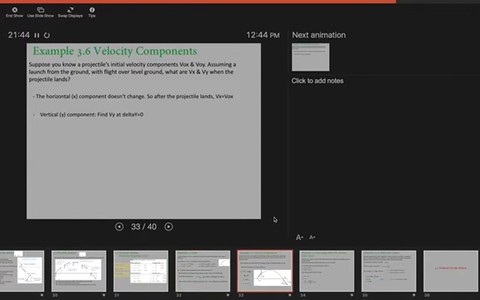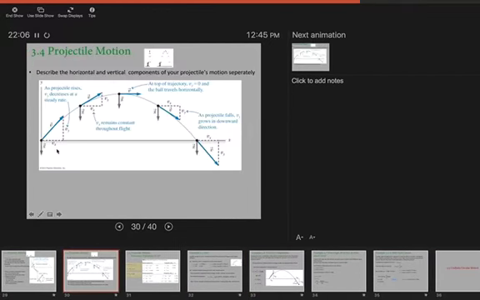So this example should hopefully make this more clear. Suppose you have a projectile with initial velocity components v naught x and v naught y. يعني هون عندي v naught x و v naught y. Assuming a launch from the ground with flight over level ground, what are Vx and Vy when the projectile lands? شو عم يسألكن؟ Assume أنا طلعت الطابة من هون، بدي إياكم تلاقوا ال Vx وال Vy أول ما تضرب، يعني لما تصير على الأرض.